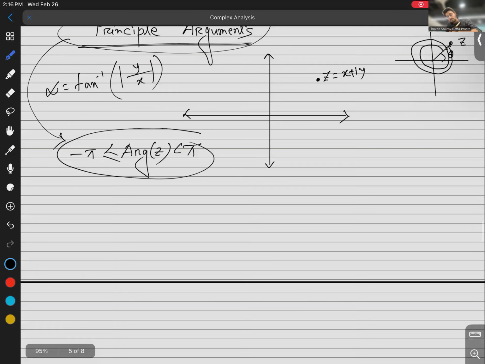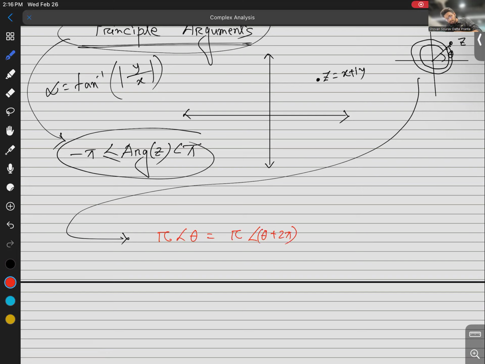So from here, before finding the principal argument, we can say that arg theta is equal to theta plus 2 pi, theta plus 4 pi, and so on.